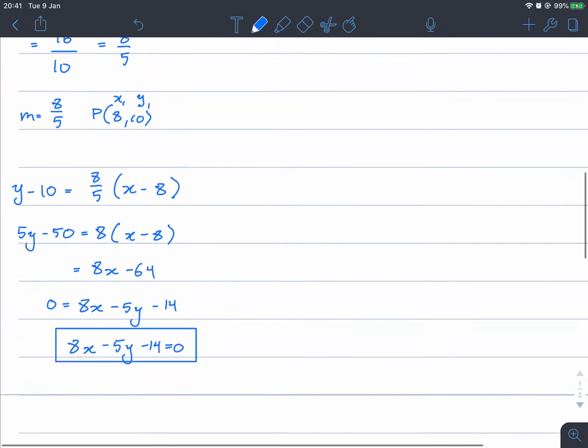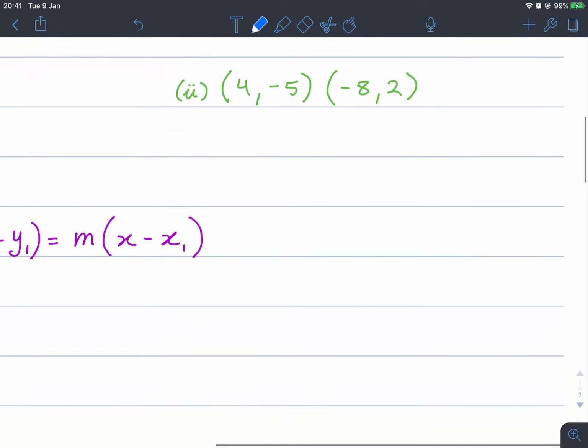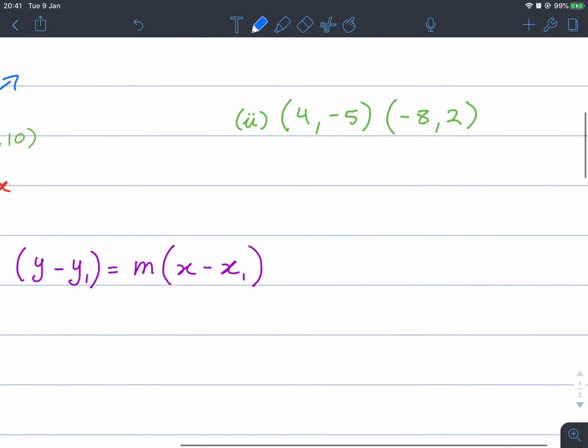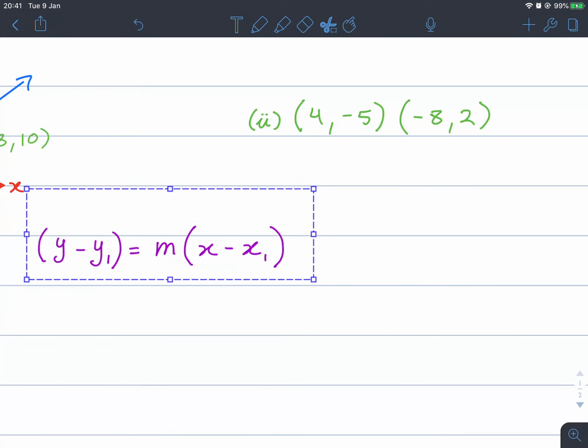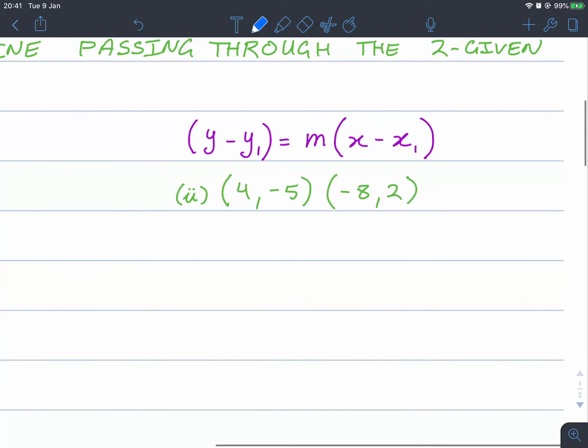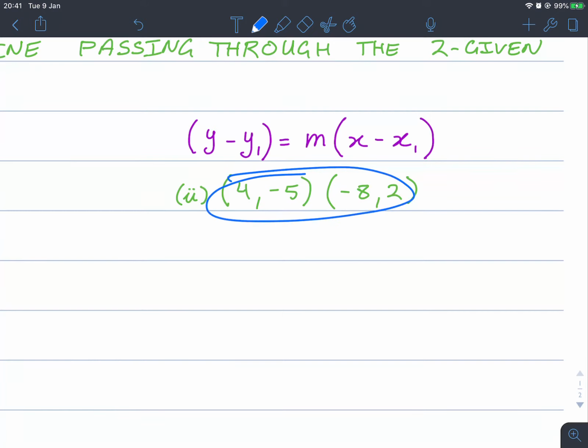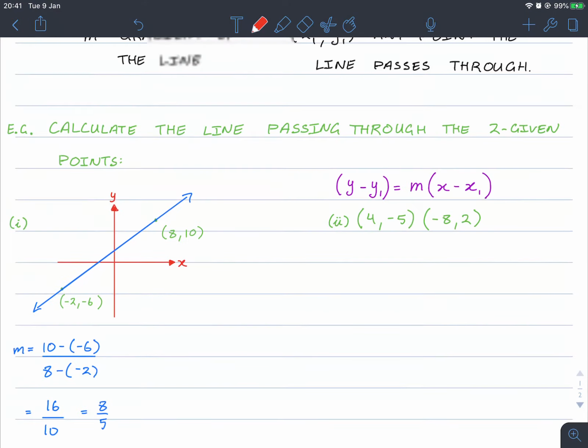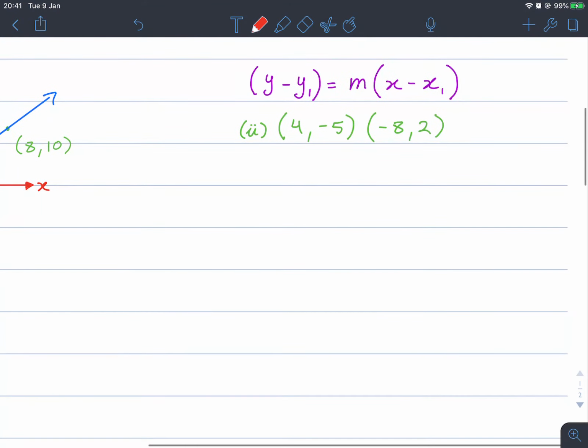Let's do one more example. So here's our equation again, in case we've forgotten. Once again, we'd like to calculate the equation of the line passing through these two points. In case you can't visualize it, I will draw a quick sketch. This will look something like the following.